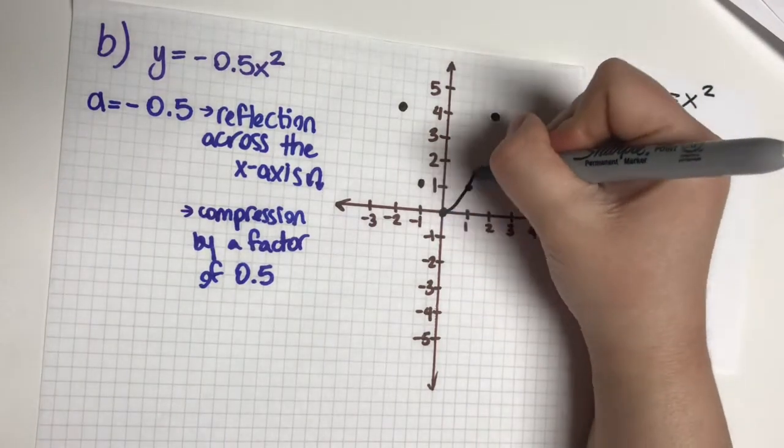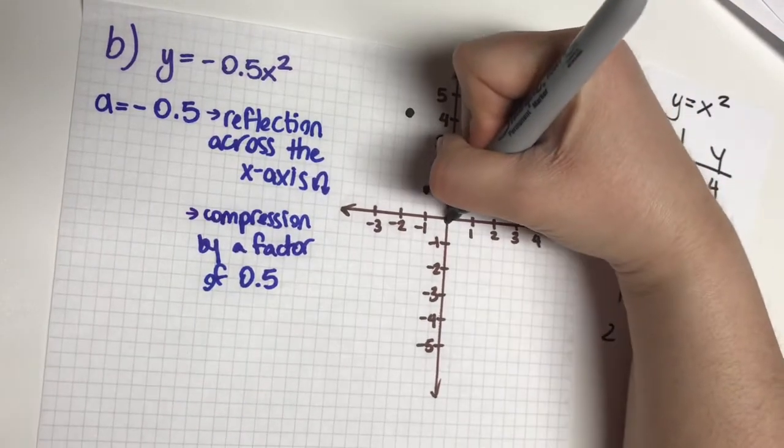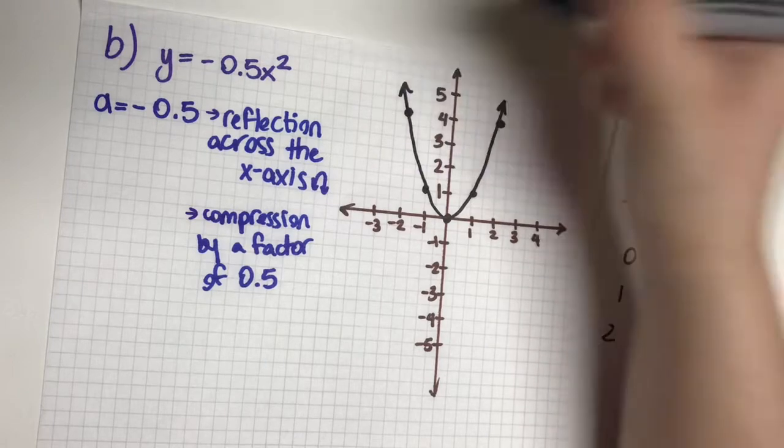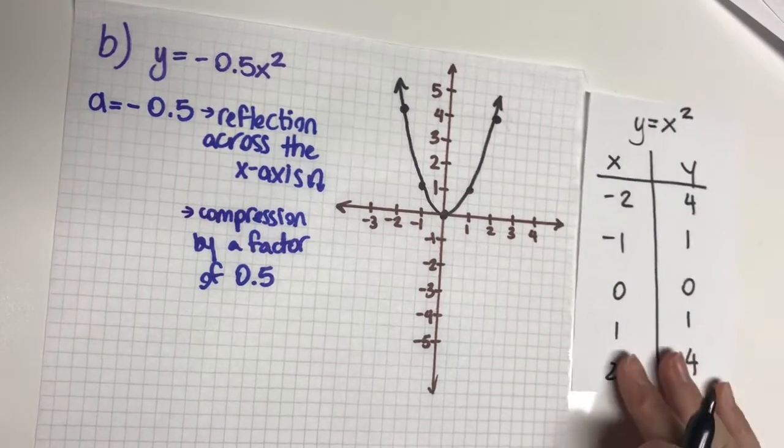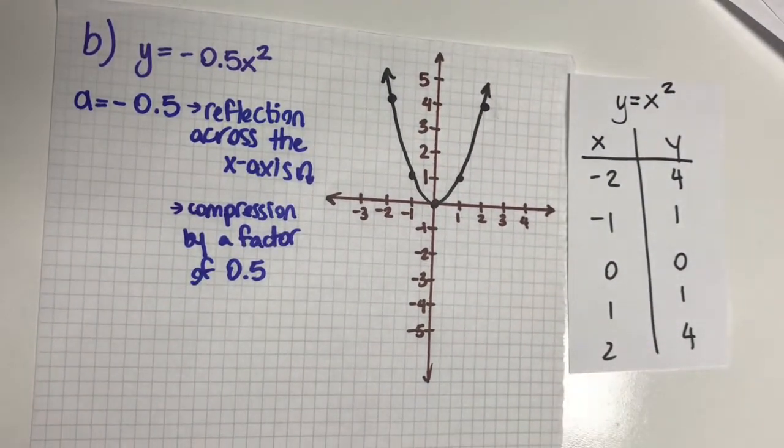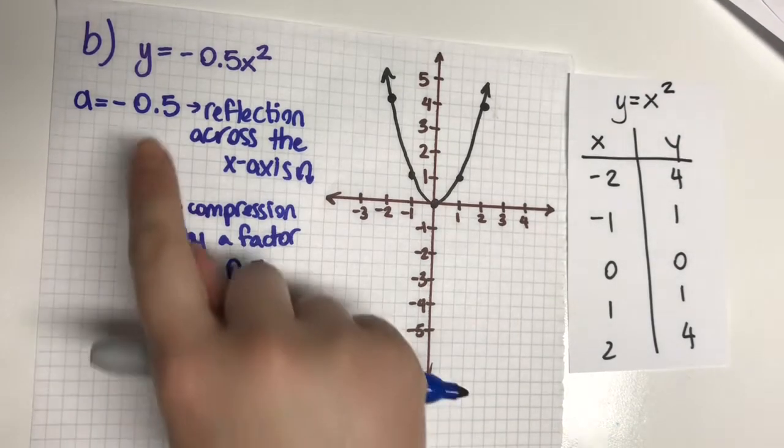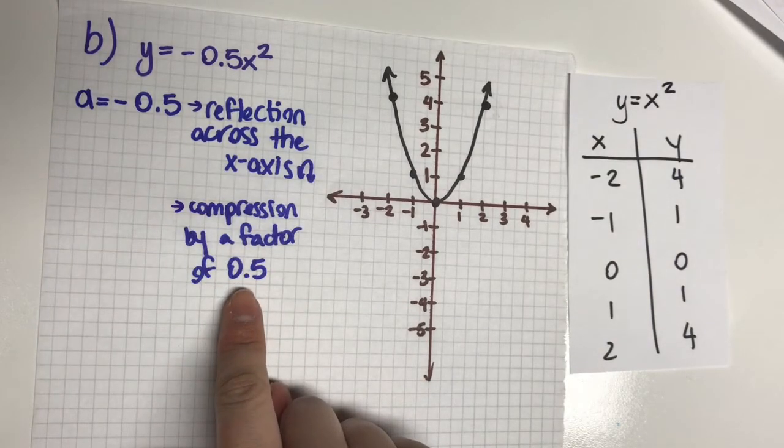Okay, so this is my original y equals x squared. So you can do the compression or the reflection. The order doesn't really matter. I'm going to do the compression first. I'm compressing it by a factor of 0.5.